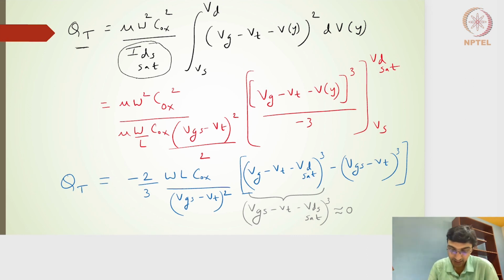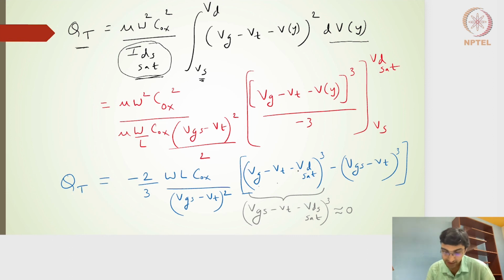So I will have the saturation current here, and my integral will be nothing but dV of V, dV of the point y. It will be starting from the point A to the drain point, which is Vs and Vd. If I solve this particular integral, I am likely to get these values, right? So Vg minus Vd minus Vds saturation will be nothing but 0.